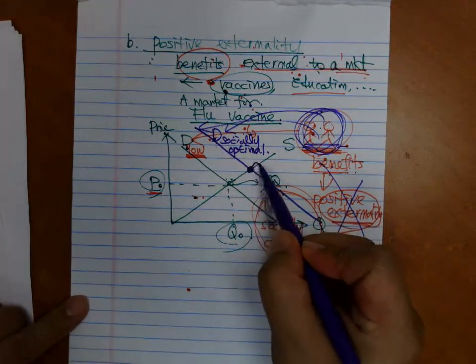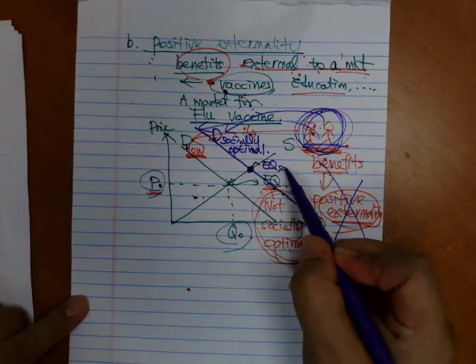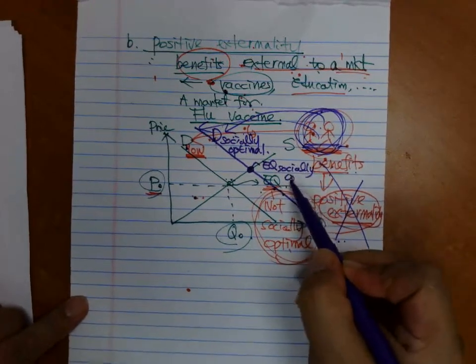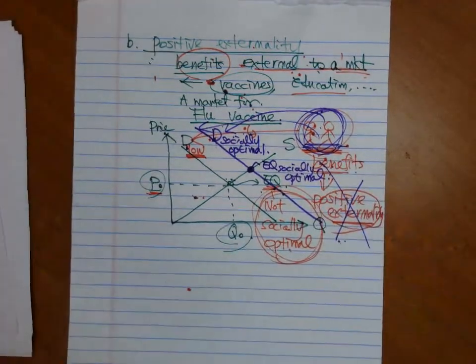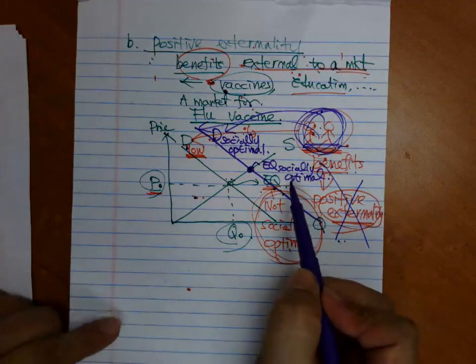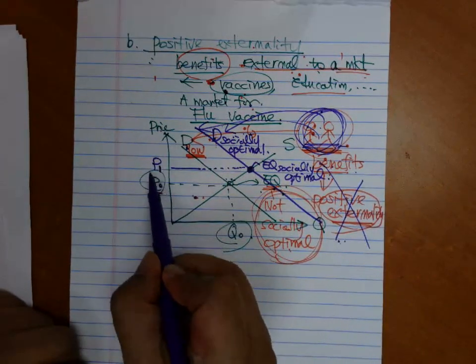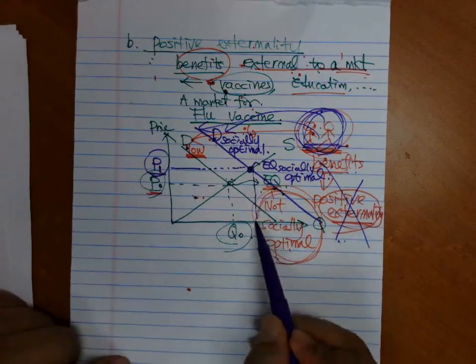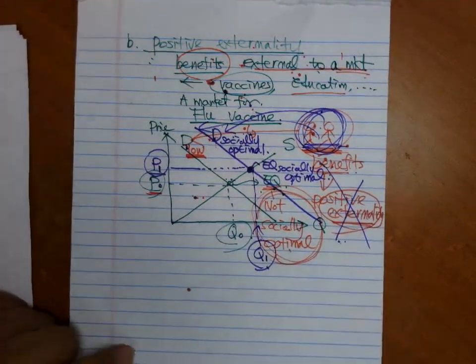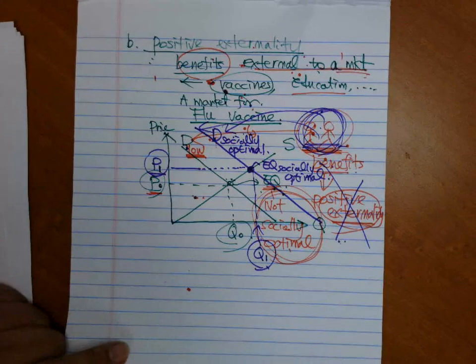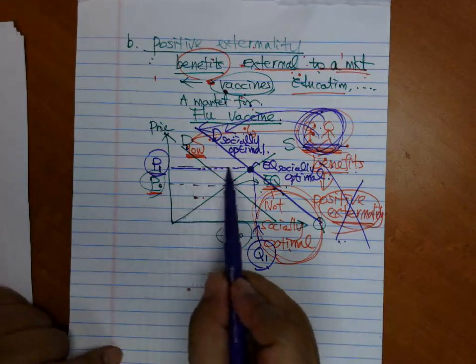Look at this. So by comparing these two outcomes, socially optimal outcome, and this not the socially optimal outcome, we can find that under the positive externalities, what happened? Vaccine is underproduced.